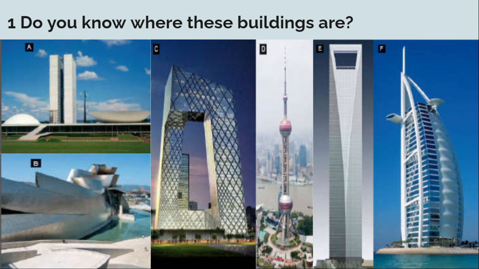Building in picture D refers to Oriental Pearl Tower in Shanghai, China. E, the Shanghai World Financial Center, Shanghai, China. And last, we have Burj Al Arab in Dubai in the UAE.